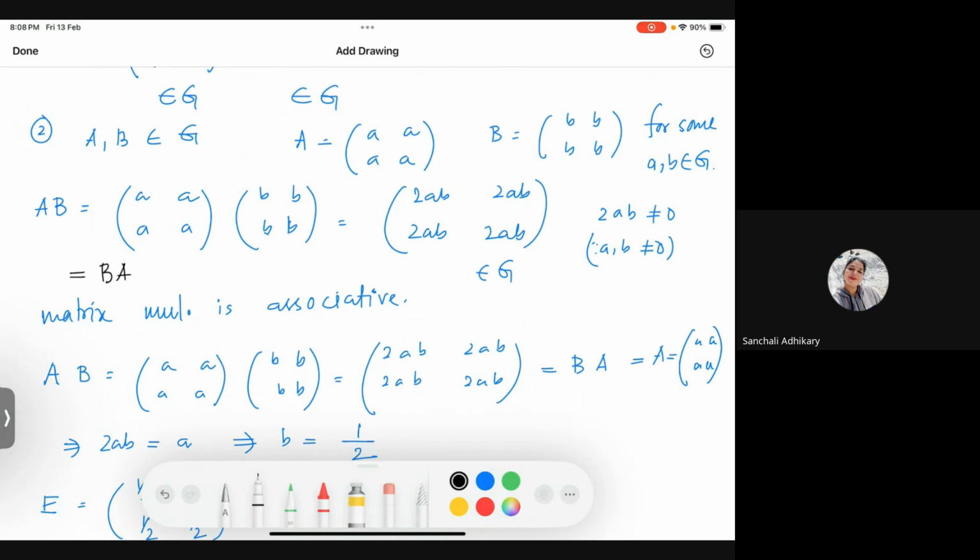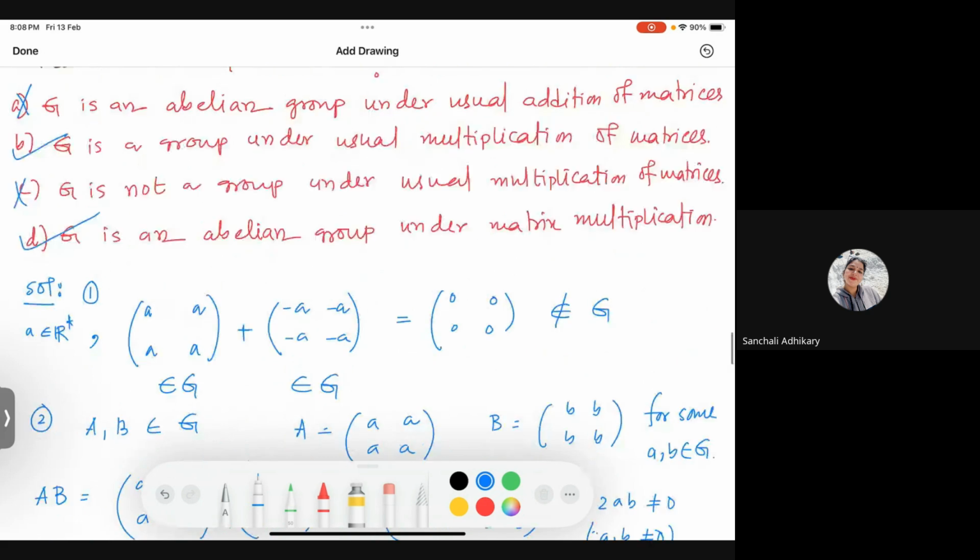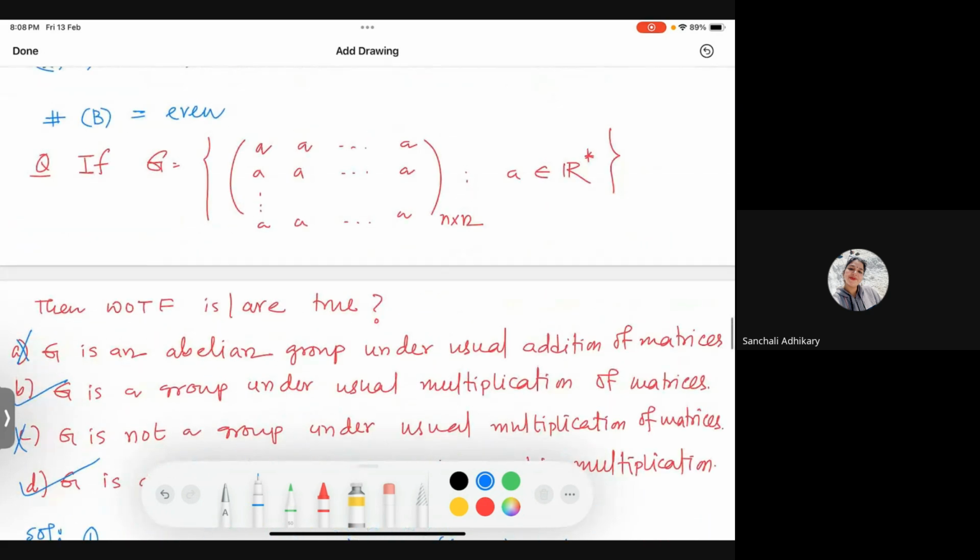Okay, so G is abelian. Observe one thing. My question is, this set is an abelian group under usual matrix multiplication.